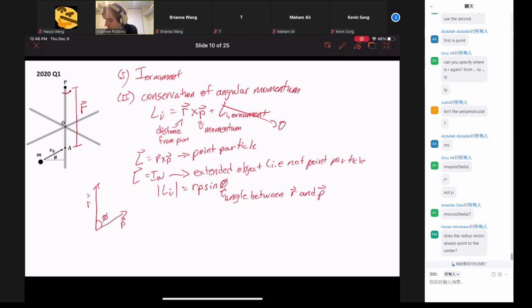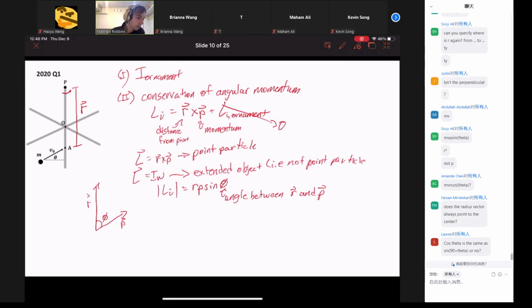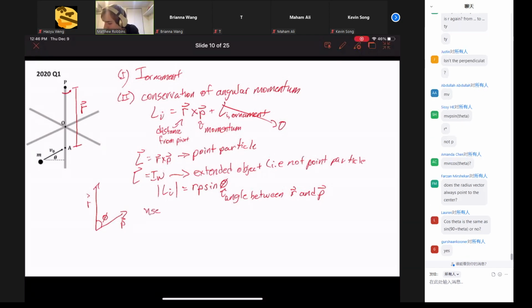This thing is angle phi. Then what we're able to do is use trigonometry to relate theta and phi. What I mean by this is start drawing right triangles. Since if we have a right triangle, we know this angle, meaning we know this angle, meaning we know this angle.